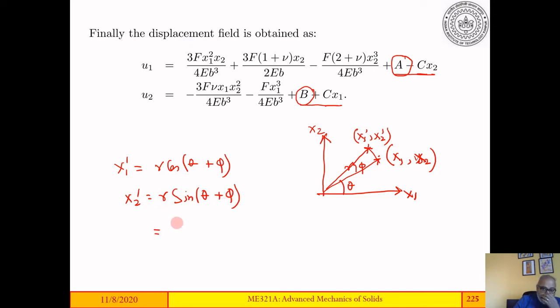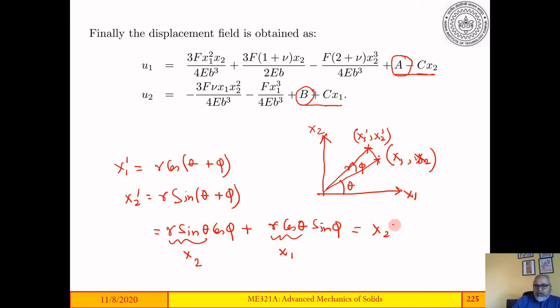Here r sin(theta plus phi) is r sin theta cos phi plus r cos theta sin phi, but the original coordinates were x2 and x1, so this becomes x2 cos phi plus x1 sin phi.